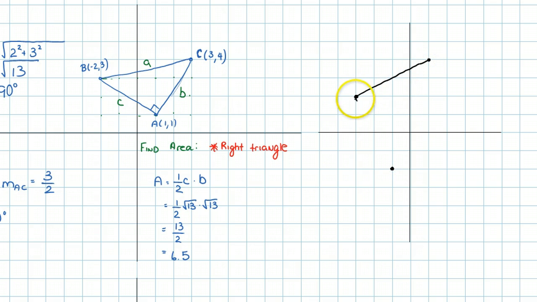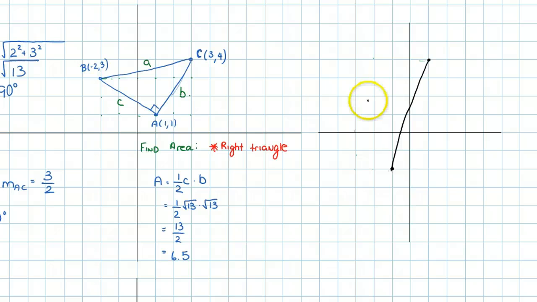Now I really have just made this up, and actually I think I've accidentally made up a 90-degree triangle again. Let's see if I've made a 90-degree triangle without realizing it. 1, 2, 1, 2, 3, 4. 1, 2, 3, 4, 1, 2. So I've made a 90-degree triangle. Let's try again.